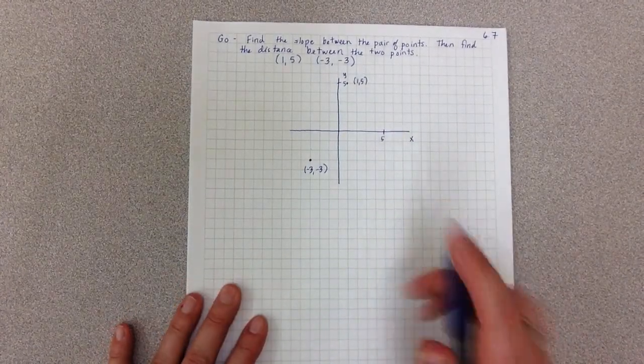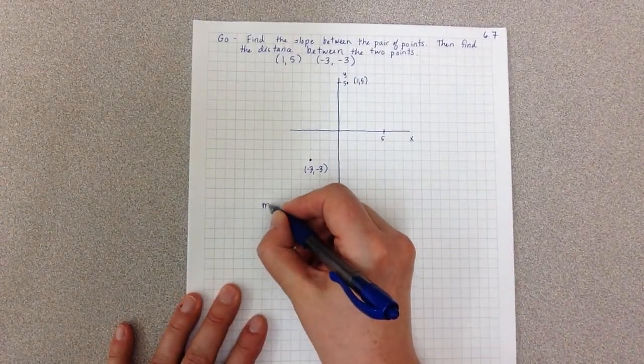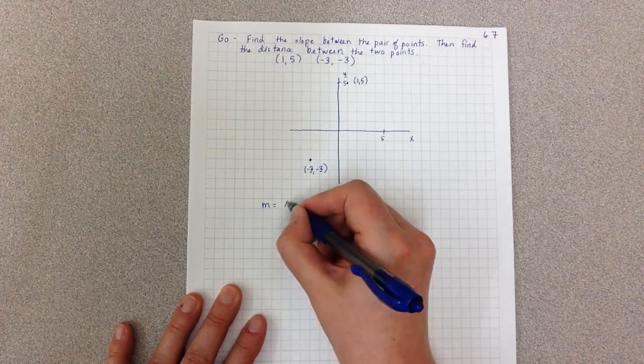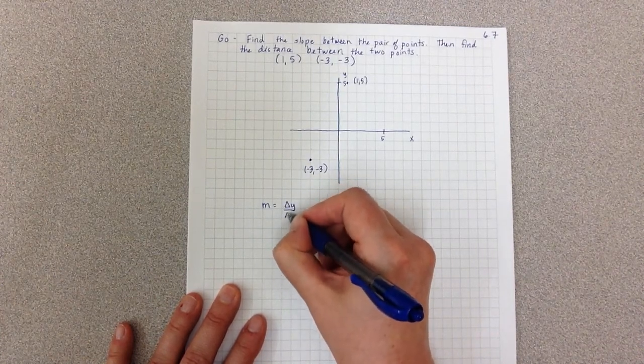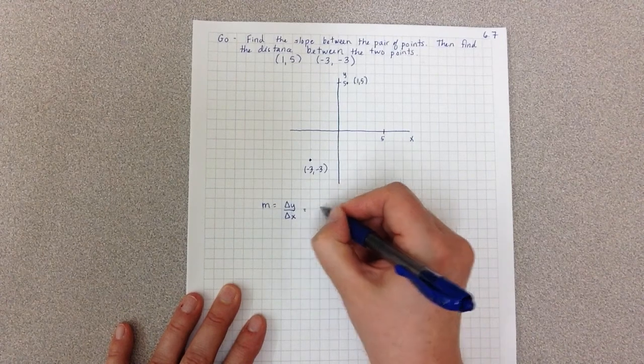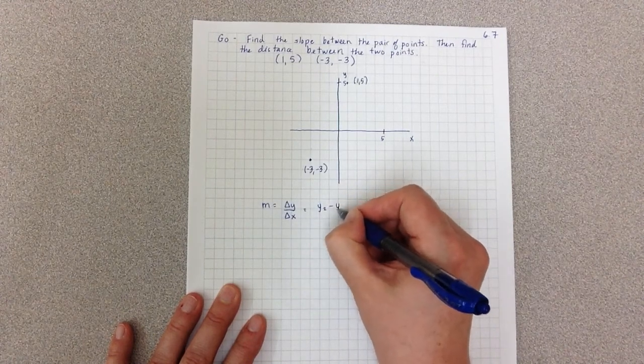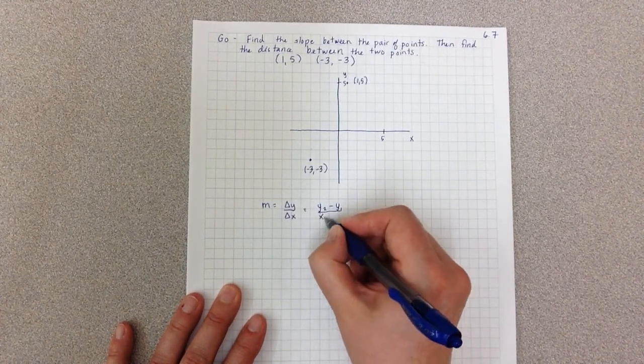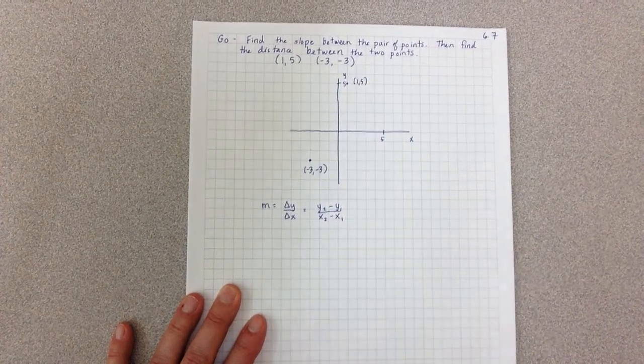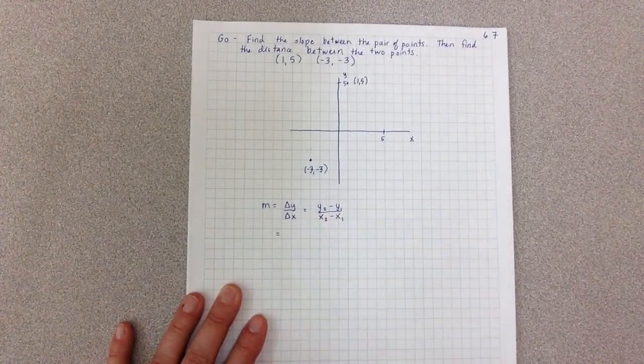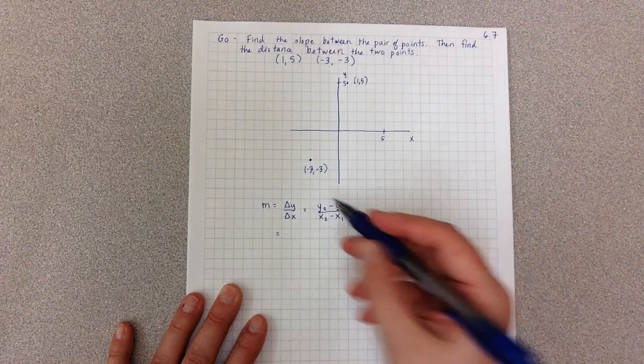However, it might be nice to just review the formula for slope. The formula for slope is the change in y over the change in x, which is y2 minus y1 all over x2 minus x1. In our case here, we'll use the 5, 1 as our first point.